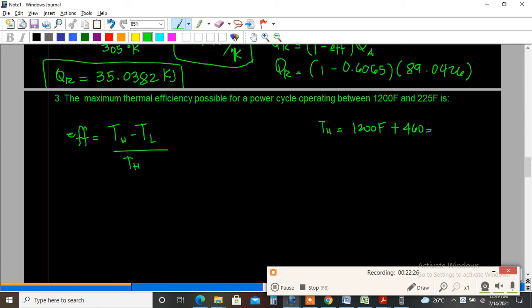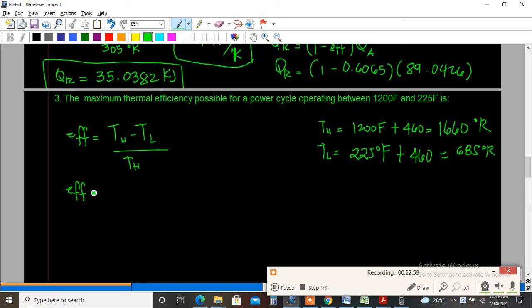That is 1660. The low temperature is 225 degrees Fahrenheit plus 460, that will be equal to 685 degrees Rankine.